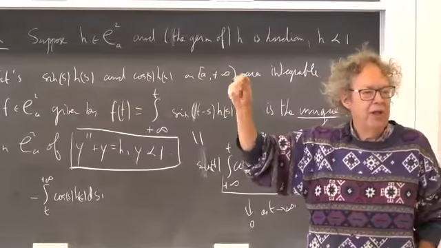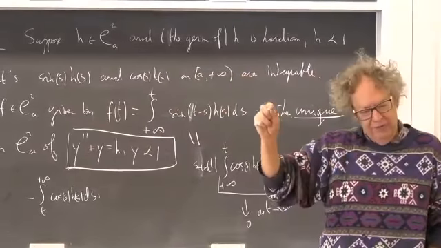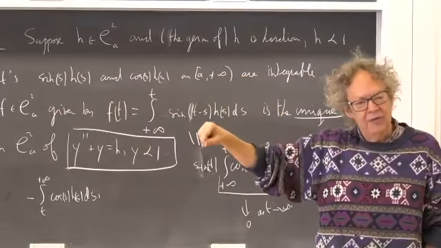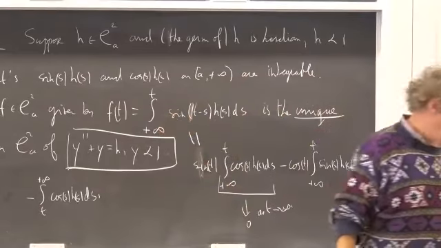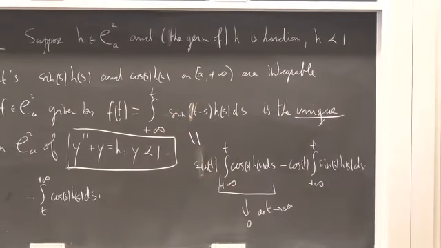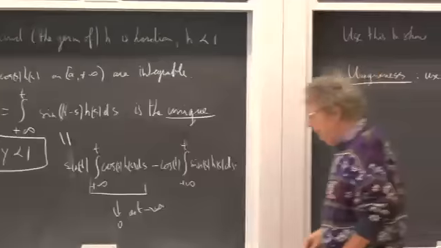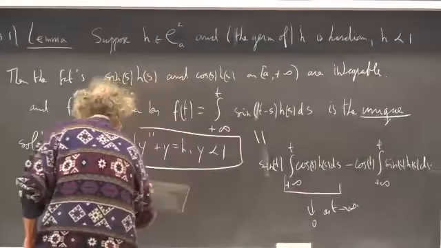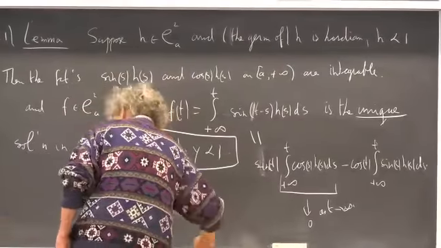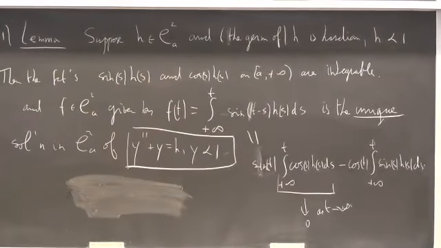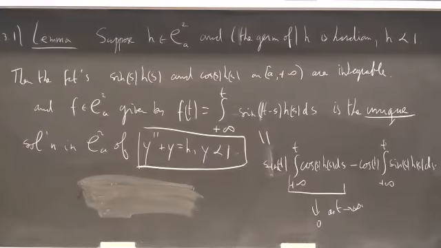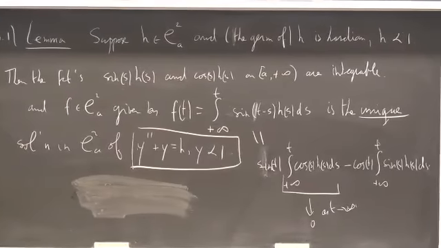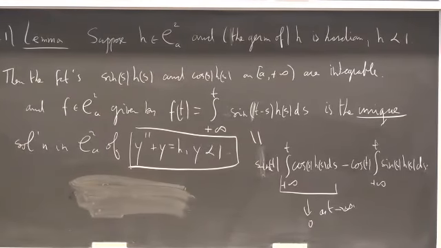Yeah, that's the point. If something has a finite limit, then the difference goes to 0. That's how you should remember it.